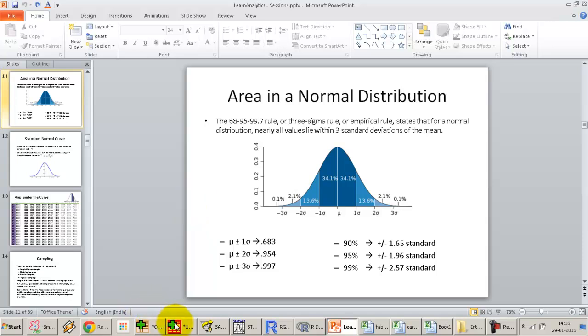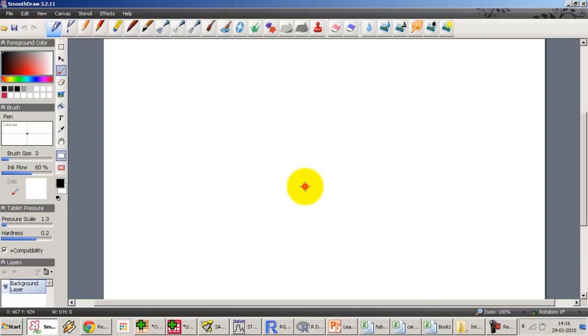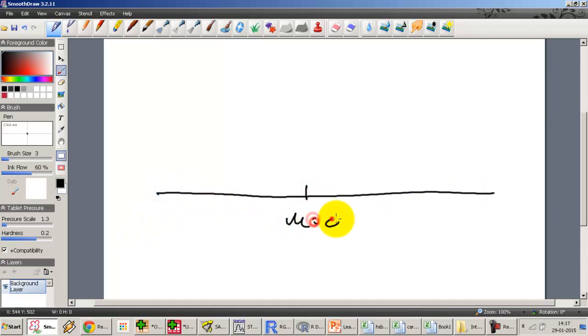Now I want you to remember that in a standard normal distribution, the mean is 0 and the standard deviation is exactly 1. Therefore, one standard deviation is minus 1 to plus 1, and two standard deviations is between minus 2 and plus 2.